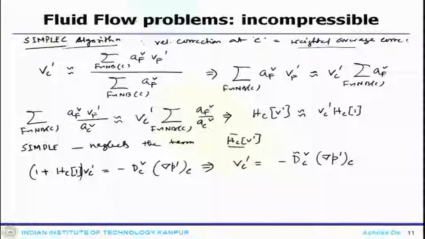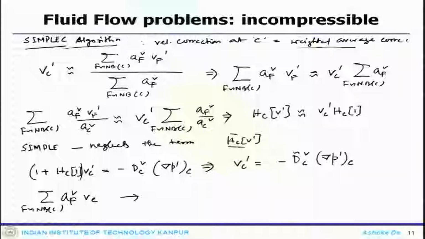So, from here one can derive the pressure correction equation, and the same result can be achieved by adding and subtracting the term of the summation over F in NB(C) of a_F V_C from the momentum equation.